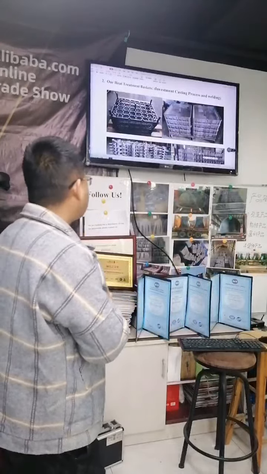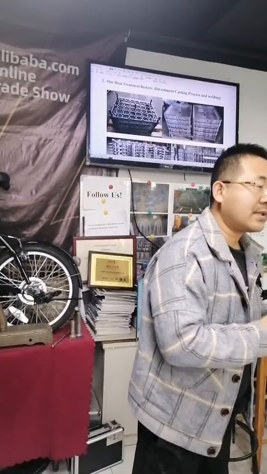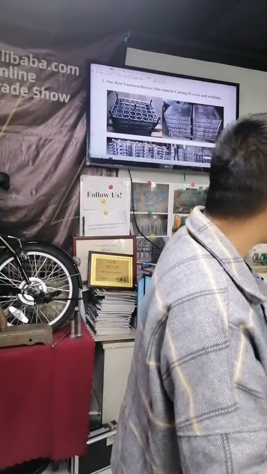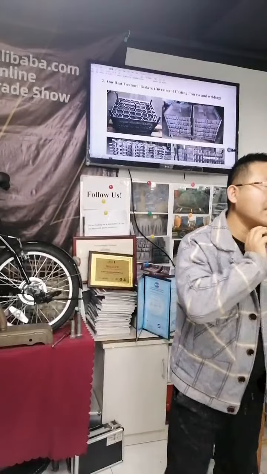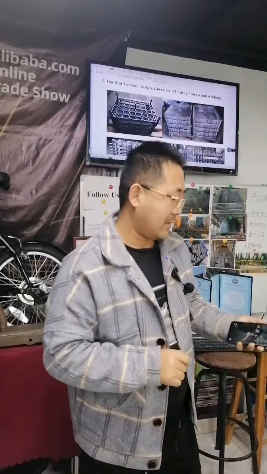The first one is our 600 by 400 by 400 tray. The left side is 600, the right side is 400, and the high side is stable and also 400.